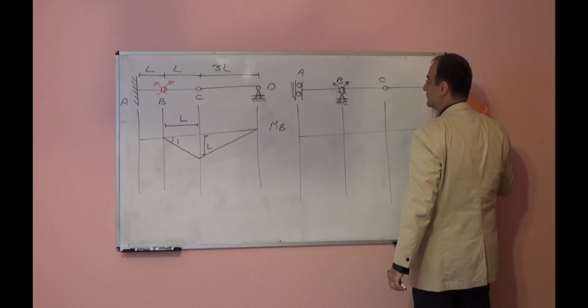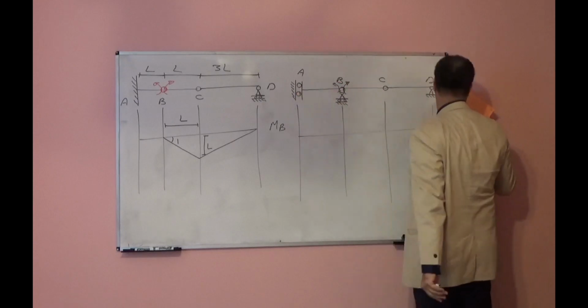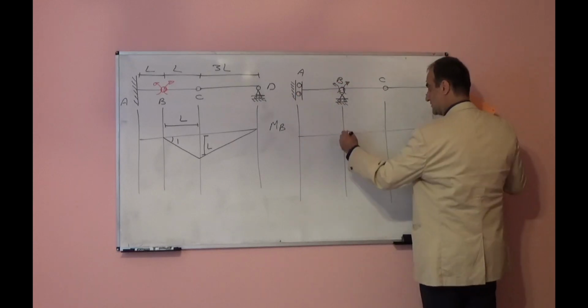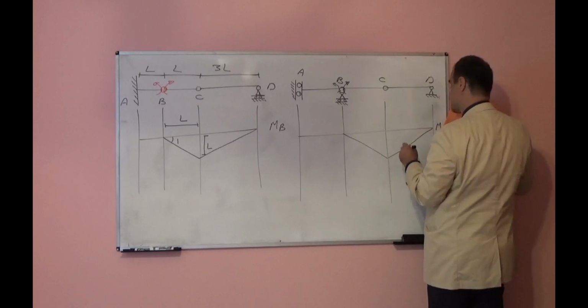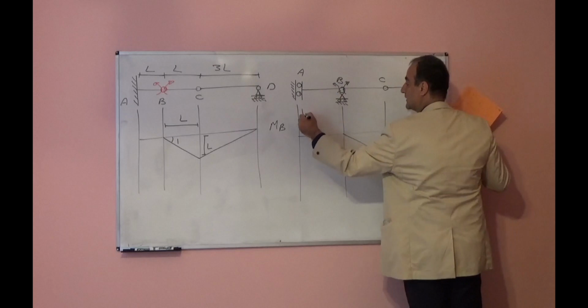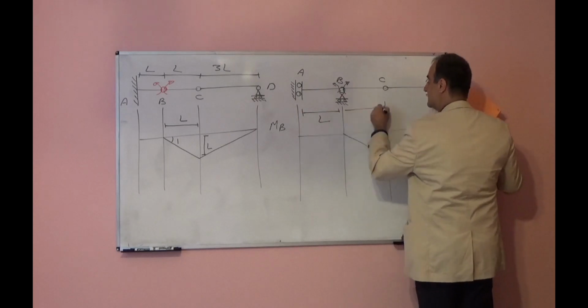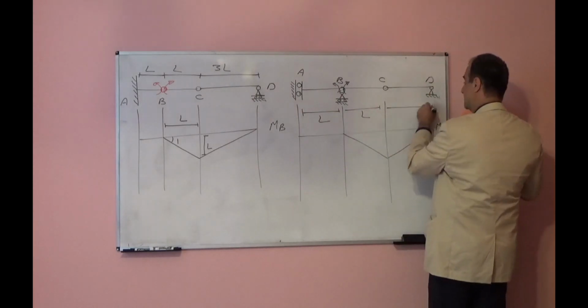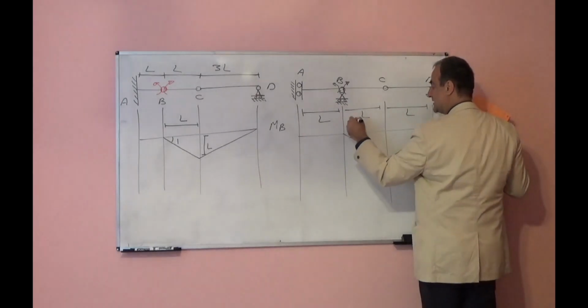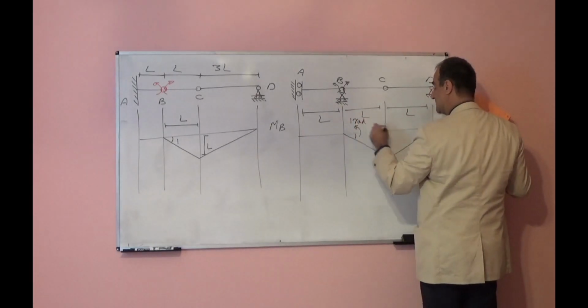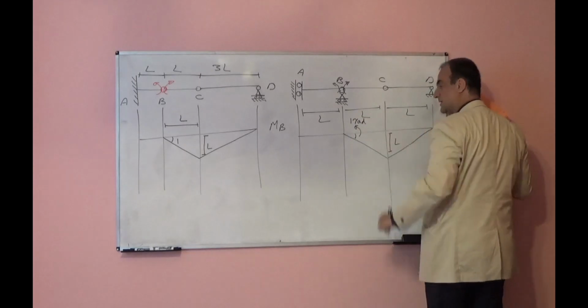Again, if I apply rotation, this side will not rotate, so we will have the form shape for structure. And if from here to here it is L, L and L, because this angle should be unit angle 1 radian, so this height will be L.